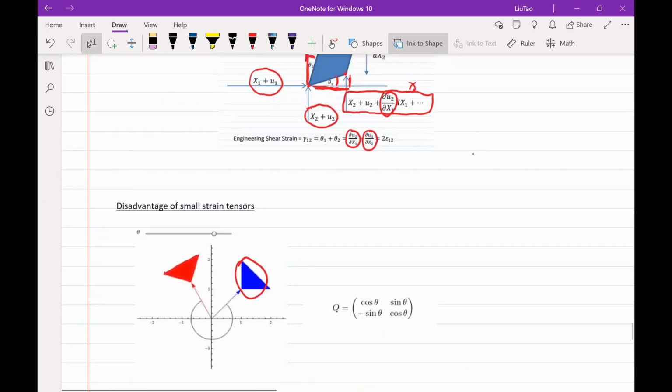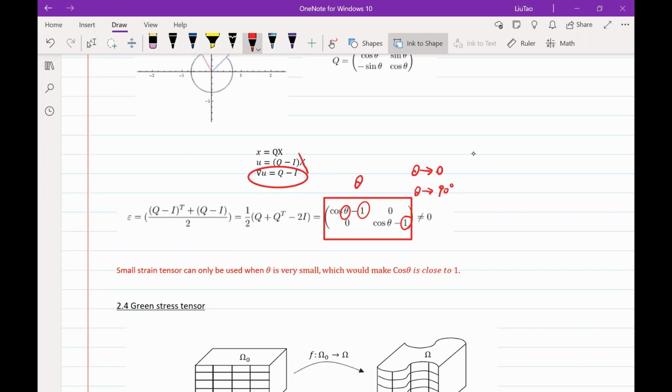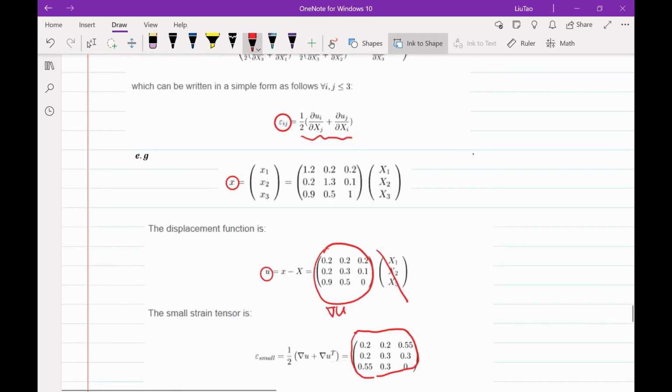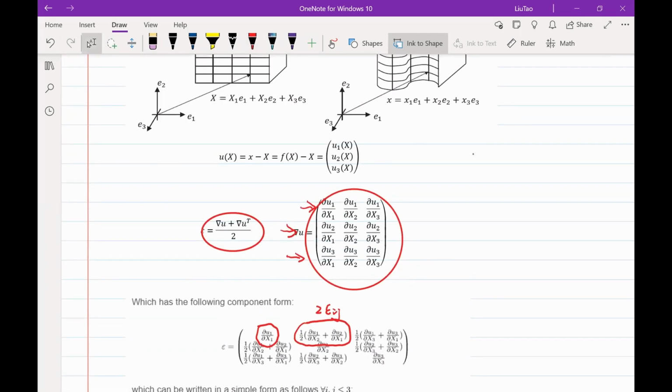So we will have a third component in Green strain compared to the small strain tensor.